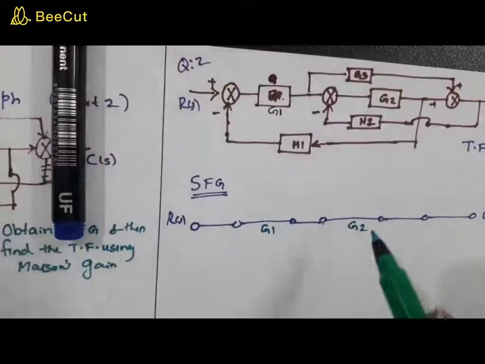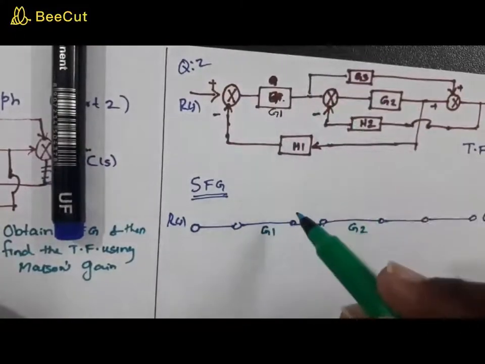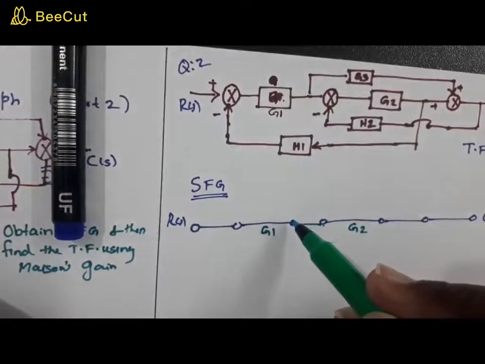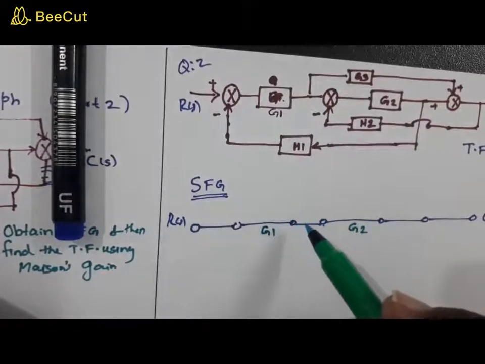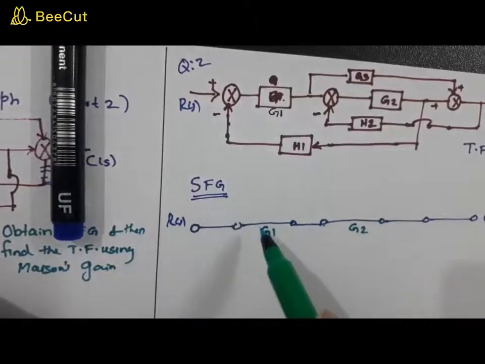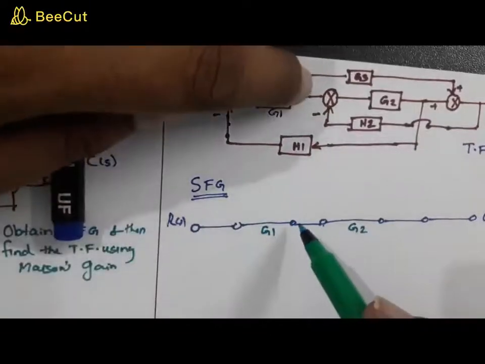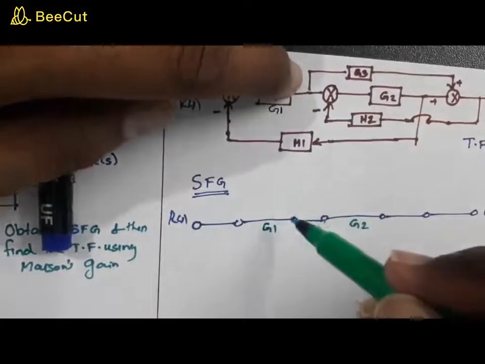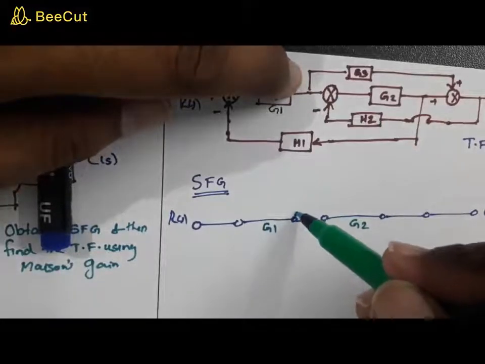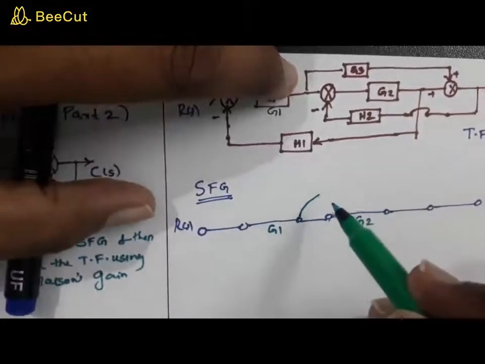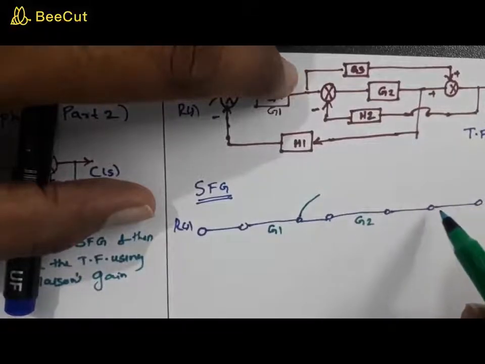Okay. Now coming to this point, look at this path. After G1, this point corresponds to this. So from this you have another branch, and that comes over here.